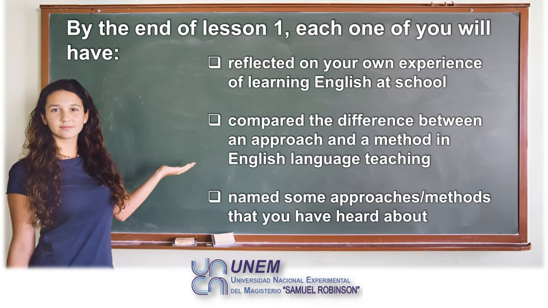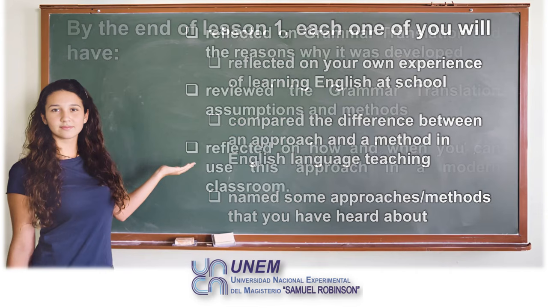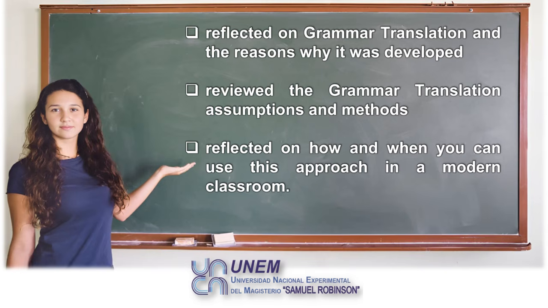You will have named some approaches, methods that you have heard about or used. You will have reflected on grammar translation and the reasons why it was developed. You will have reviewed the grammar translation assumptions and methods. And finally, you will have reflected on how and when you can use this approach in a modern class.